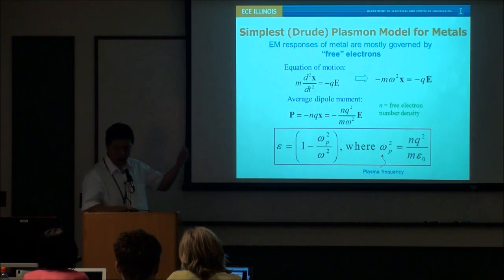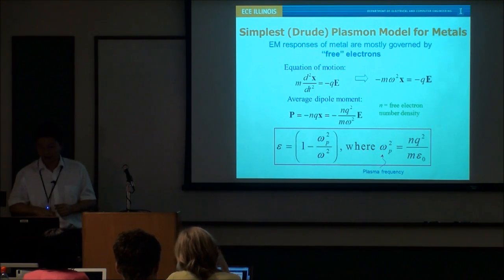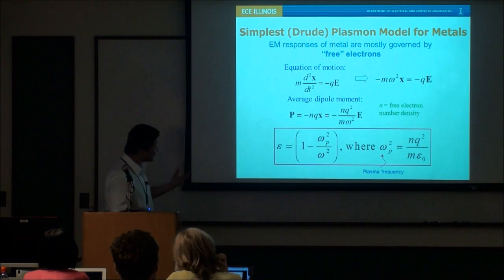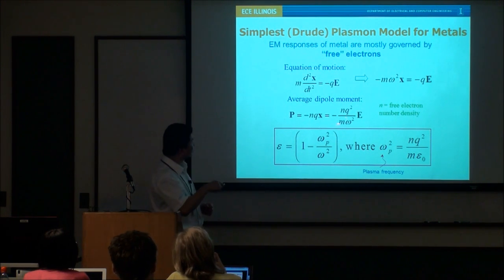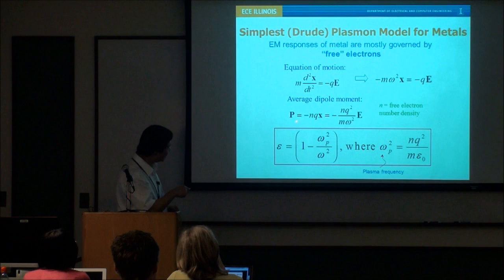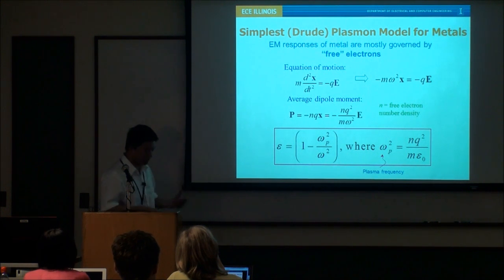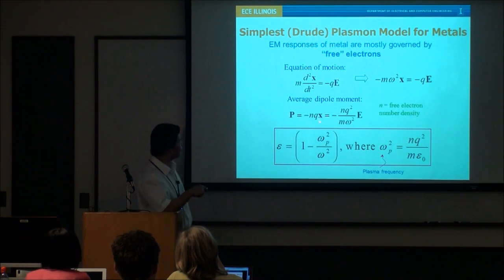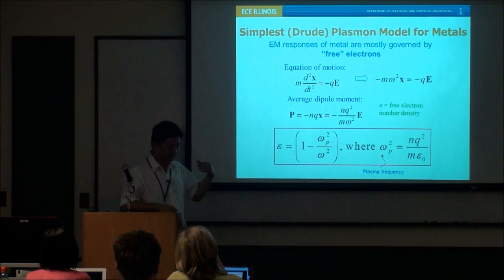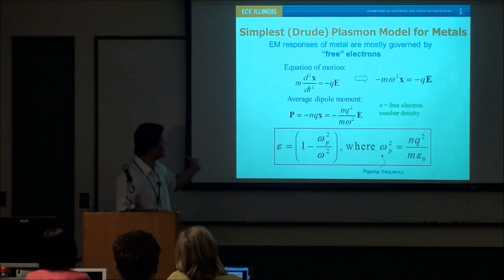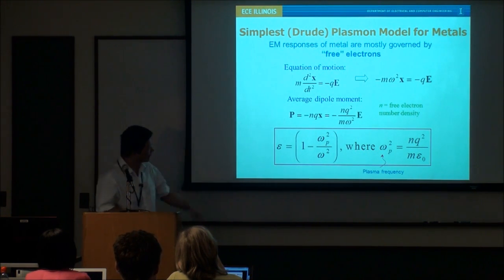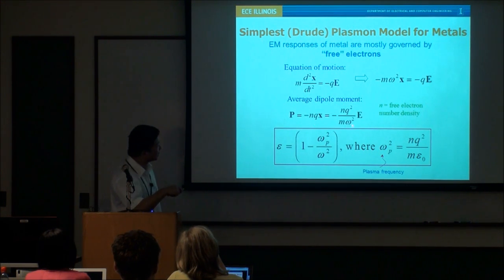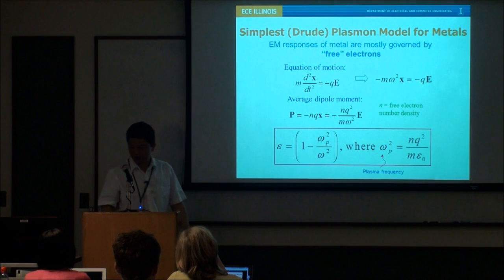Then you can include the angular frequency, omega, and write this equation as the polarization P as a function of x. X is the actual movement or displacement of the free electrons in the metal, which is definitely related to your electric field, charge, and angular frequency.